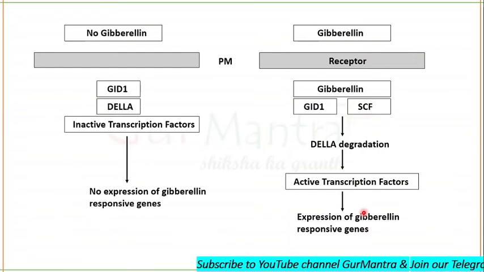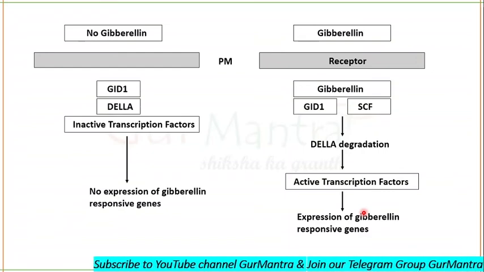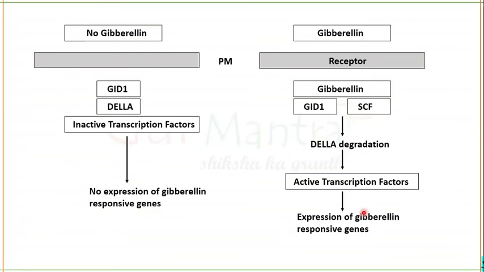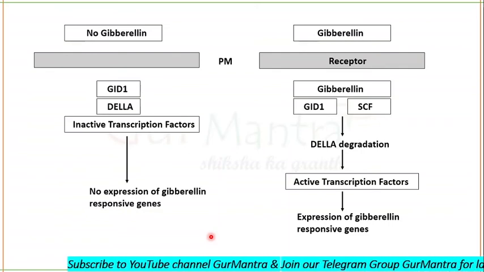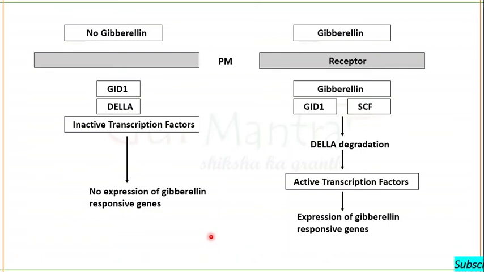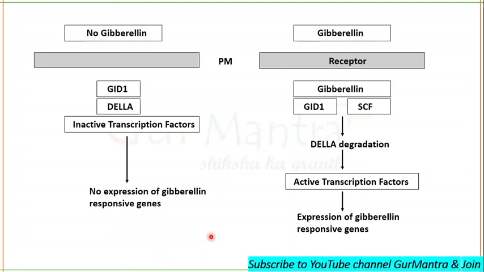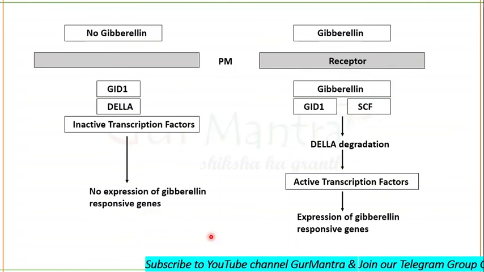They will be able to give their expression, and we will get the expression of gibberellin responsive genes. So you understand, in the absence of gibberellin, GID1, the receptor, will not be able to recognize DELLA, and DELLA will be freely performing their function of inactivating the transcription factor, and there will be no expression of gibberellin responsive genes.